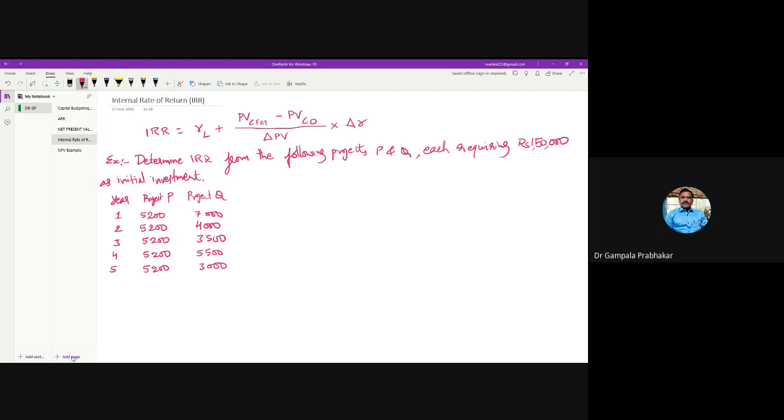Right? So in this case, how to calculate internal rate of return? First we have to calculate the factor for this particular model. After that, we have to go for the calculations. For calculation of the factor, wait a minute.